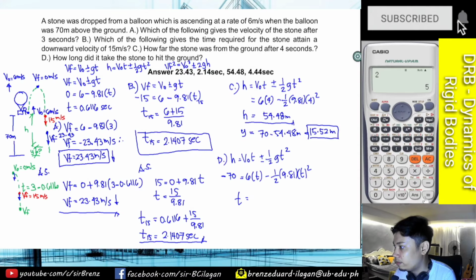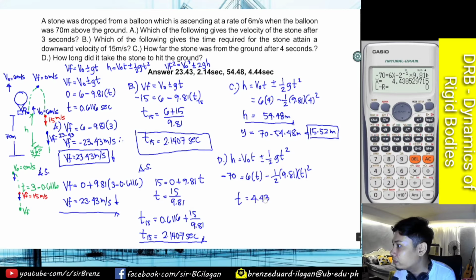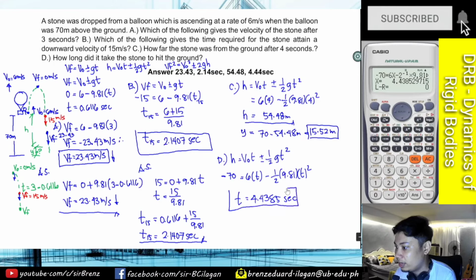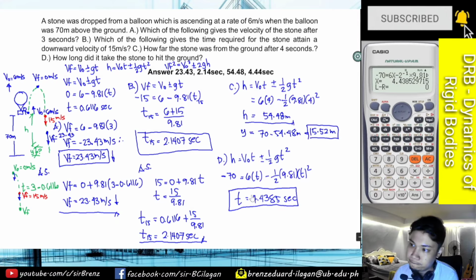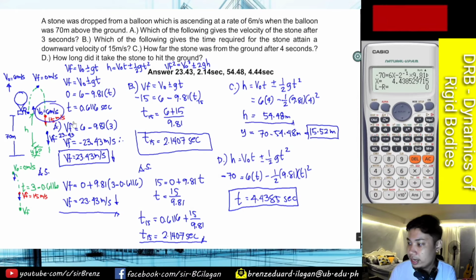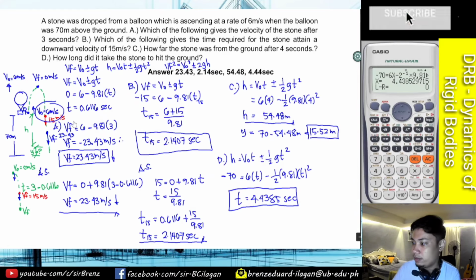Lagyan natin ang positive value. Ayan. So, 4.43, 4.4285 seconds. Okay, guys. So, again, mahalaga dito, guys, kung alin yung negative sign or alin yung positive. Again, naka-base ka dito sa direction ng iyong initial velocity. Okay, guys. So, I'll give you again 2 minutes to copy this problem, the solution to this problem. So, you may start.